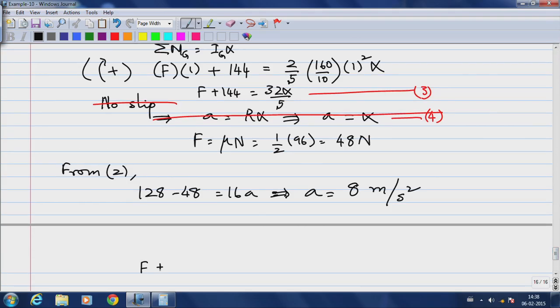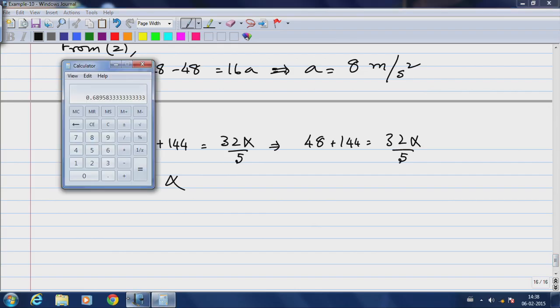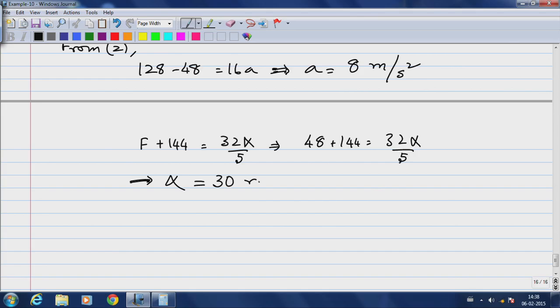We also know that F plus 144 equals 32 alpha over 5, which implies 48 plus 144 equals 32 alpha over 5, which implies alpha equals 30 radians per second squared.